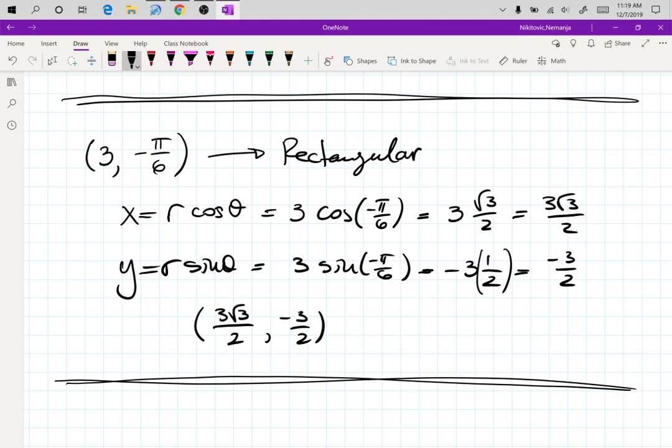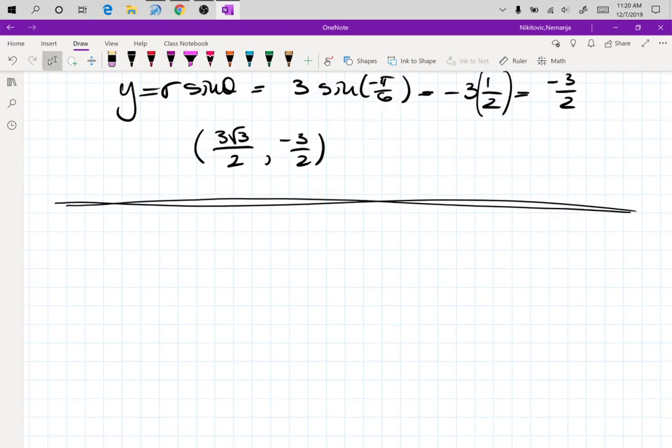So once you understand and know how to graph a point, the next natural stage is to think about the function. Now we want to see what is happening with these polar functions. In this case, we are going to have r as a function of theta.